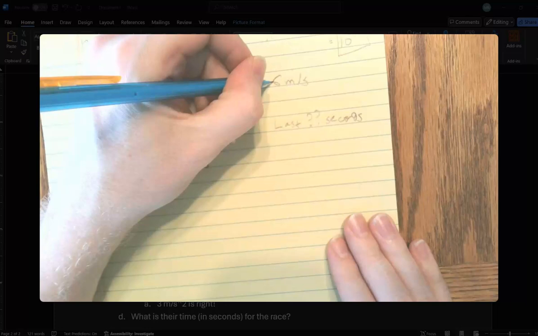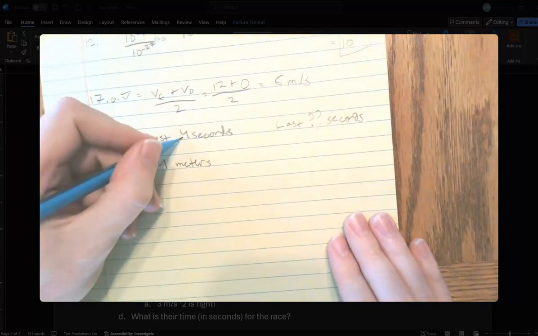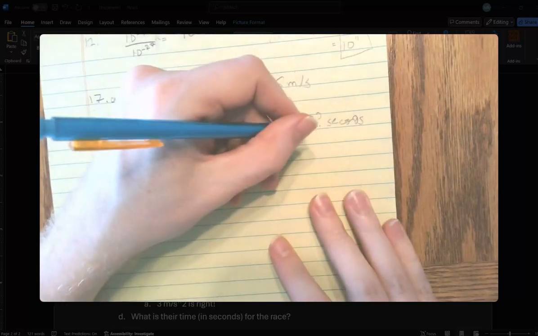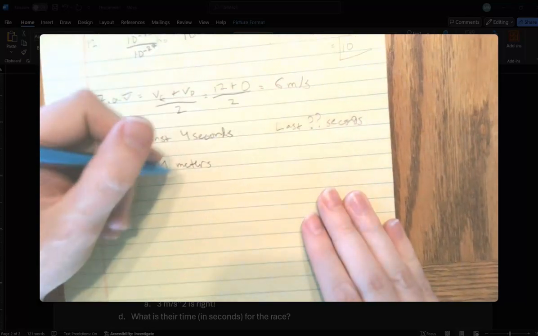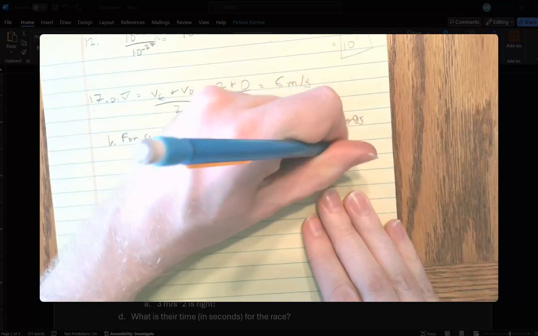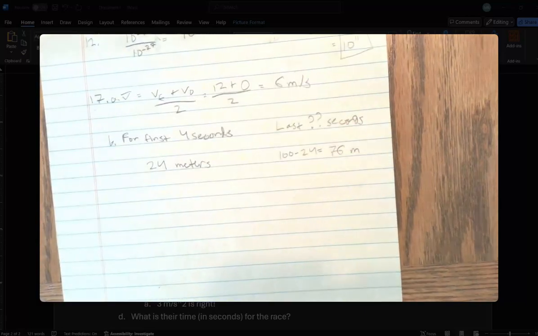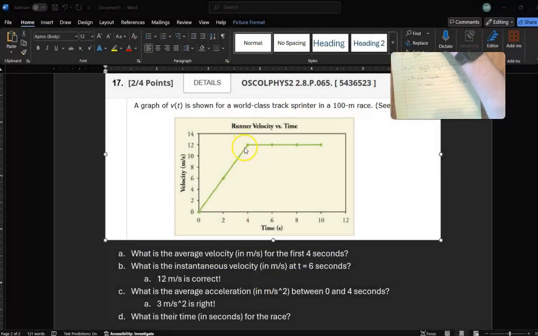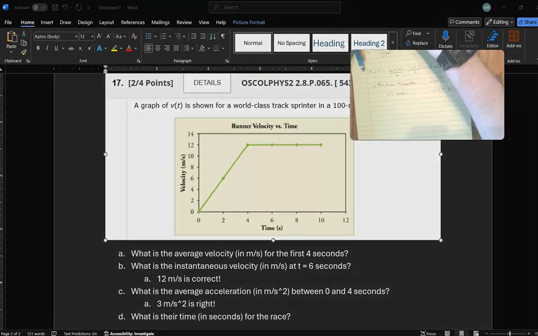So again, we take our average velocity multiplied by the time, which gets us the distance they traveled in the first 4 seconds. It's a 100-meter race, so in the last however many seconds, they've traveled 100 minus 24, which is 76 meters. And for that, they've kept a steady pace of 12 meters per second.